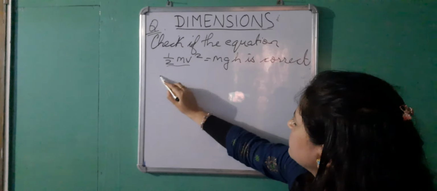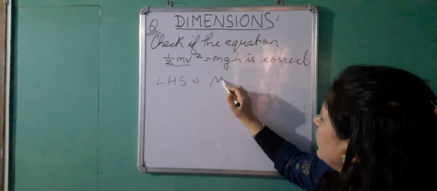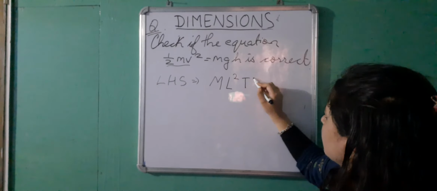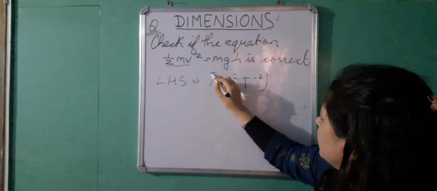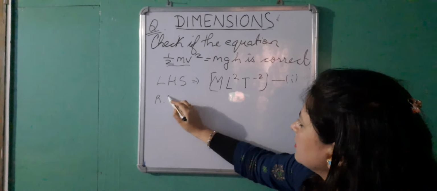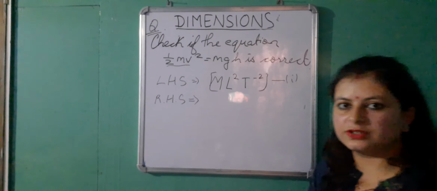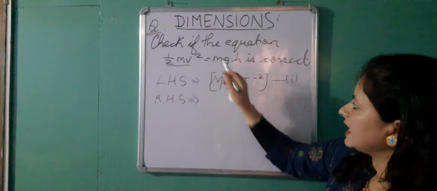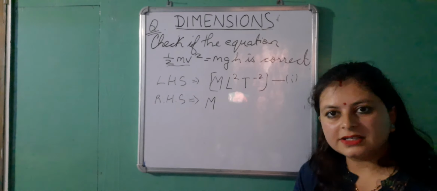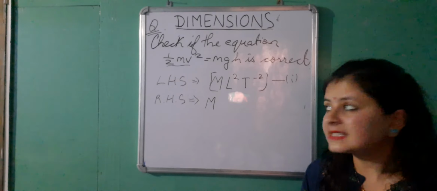So let me write the expression for this one. LHS, we have found out M L square t to the power minus 2. Let's keep it as equation 1. Take RHS, right hand side of the equation, that is m into g into h. M stands for mass, g is nothing but acceleration due to gravity, which will have the same dimensional formula as that for acceleration.